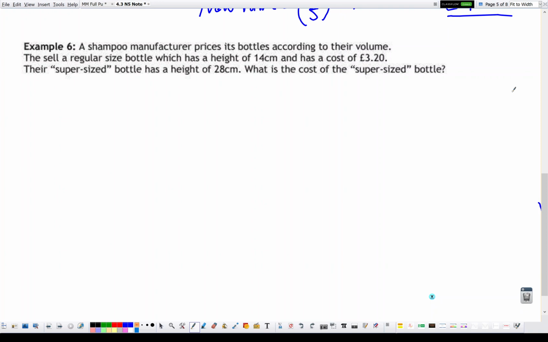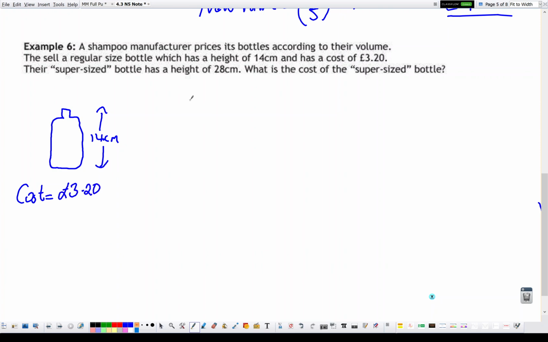Okay, we don't have a diagram here. Now, I don't like working without diagrams when things involve shape, so that is our first thing that we're going to do. We're going to draw a couple of shampoo bottles here. Okay, so draw me a couple of bottles, please. Like that. That'll be one of them. Okay, so we've got a small bottle first, which is 14 centimetres in height, and the cost is £3.20.